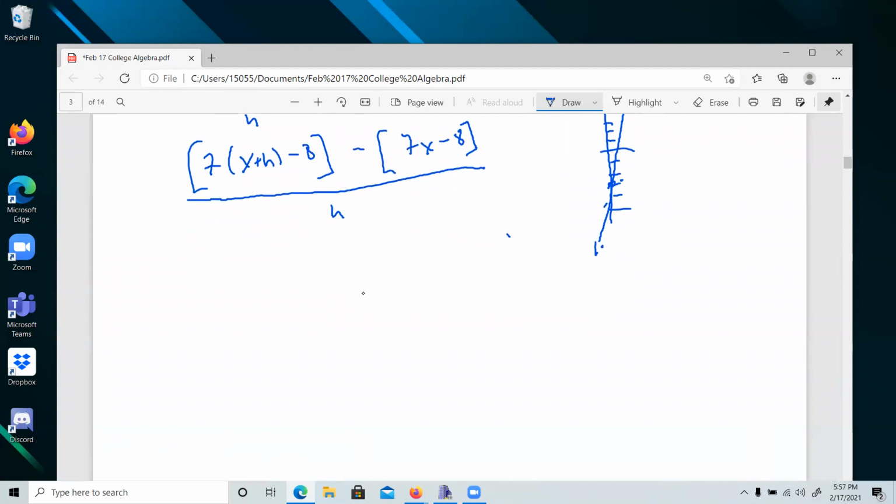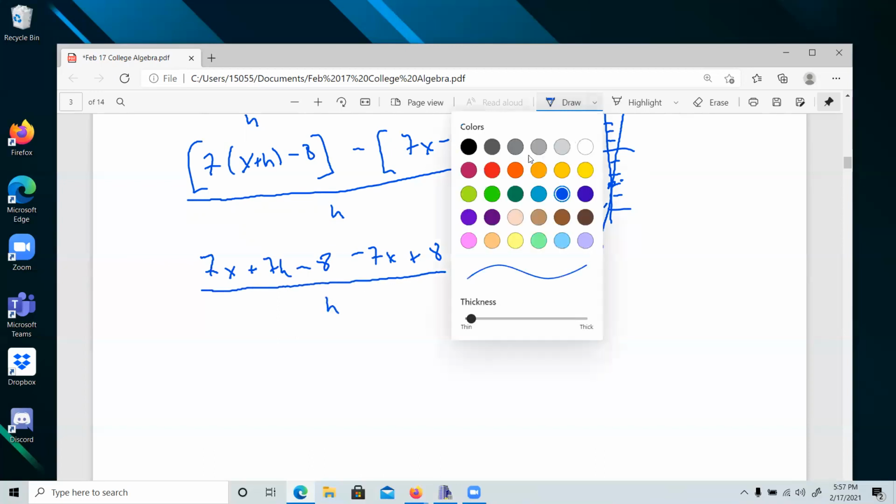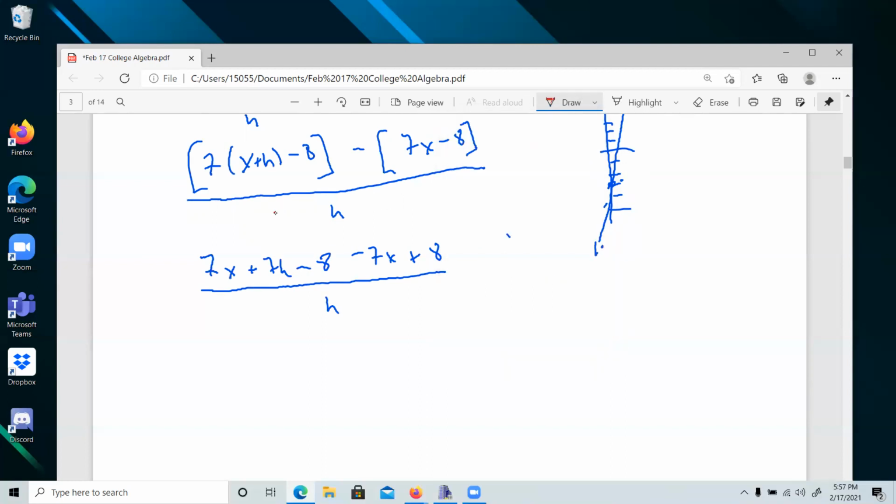I think in this case, I can just do the distributing across the way. So we have 7x plus 7h minus 7x, minus a minus is a plus 8, all divided by h. And you can see there's some stuff that cancels. The 7x and that 7x cancel.